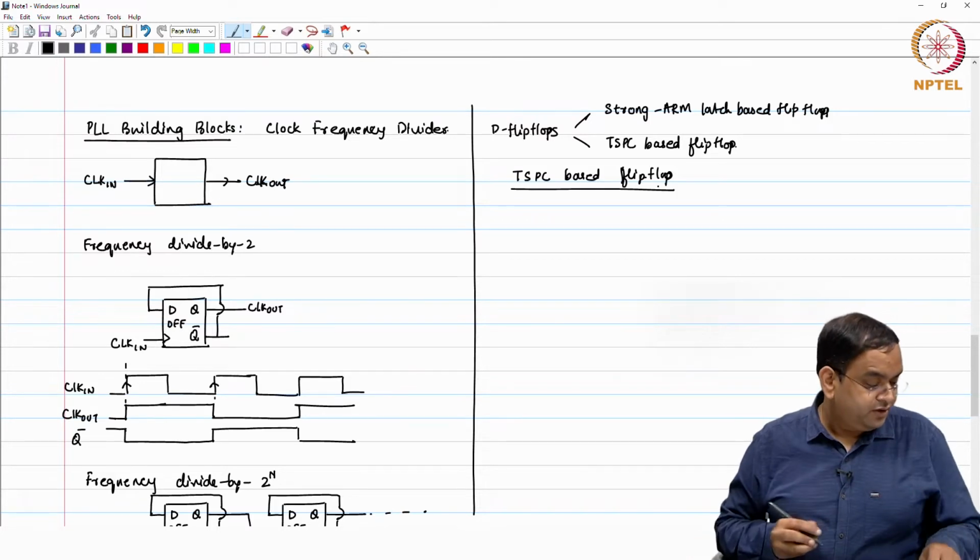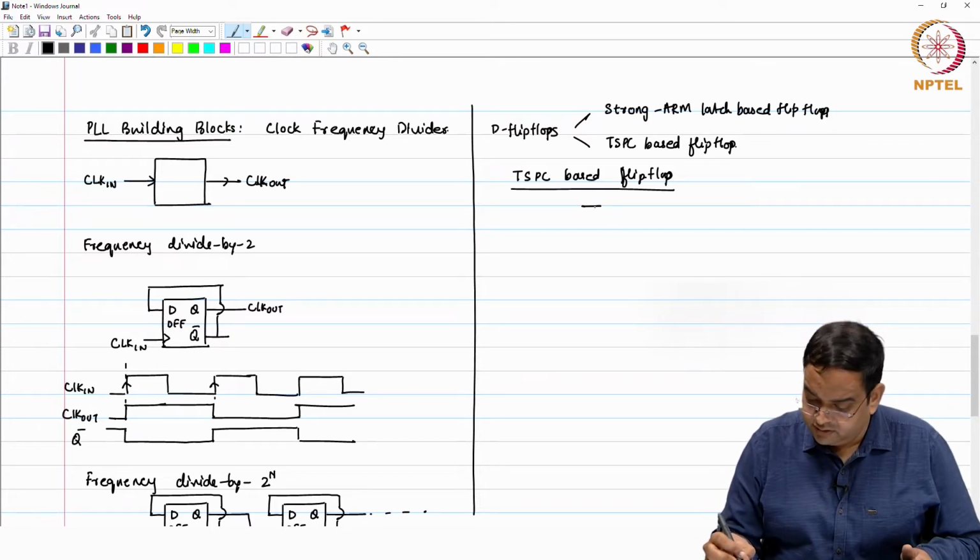What you have here is clock signals coming like this.